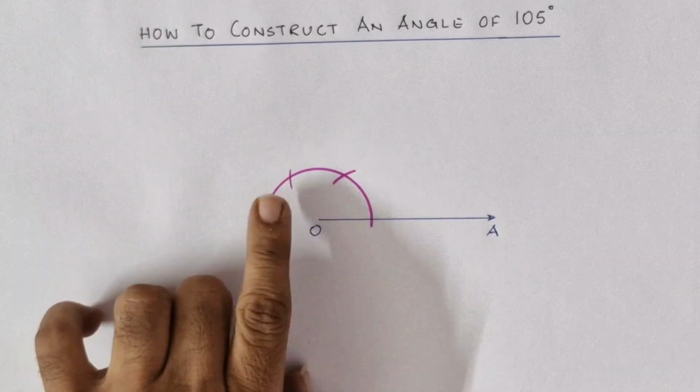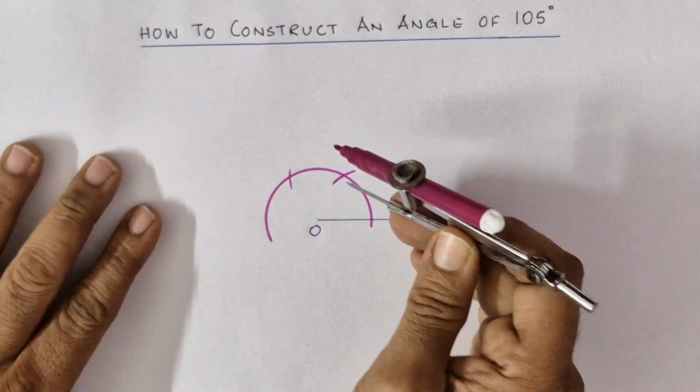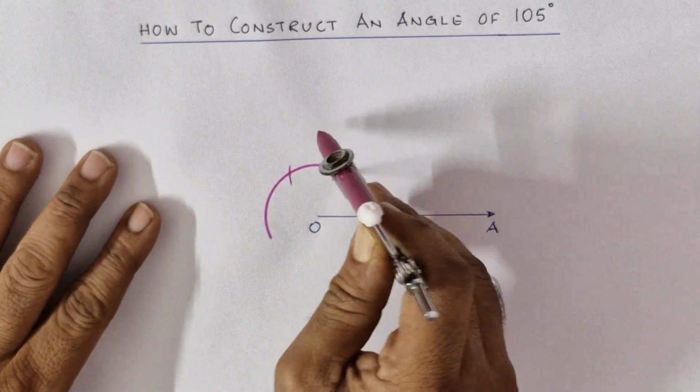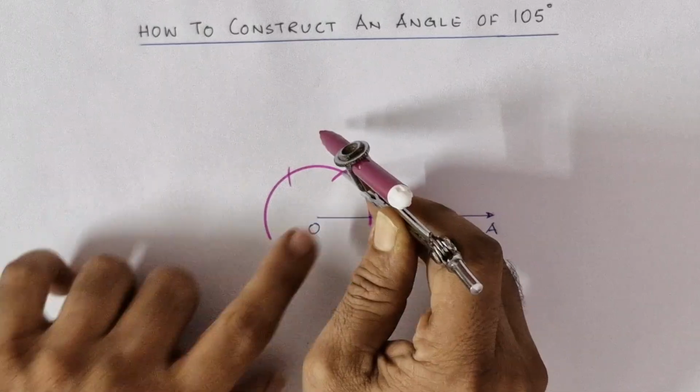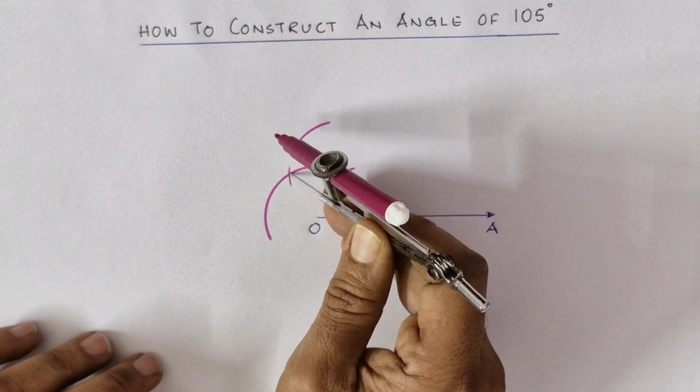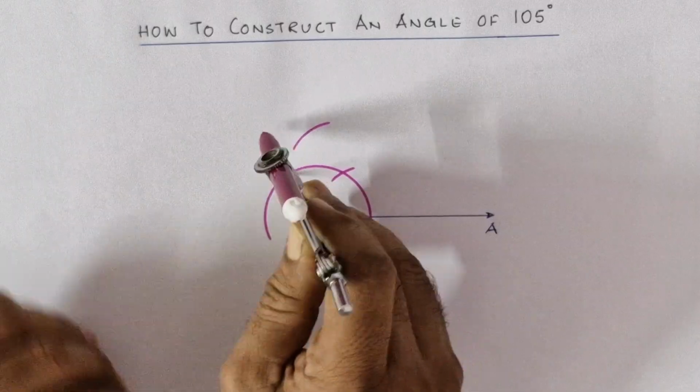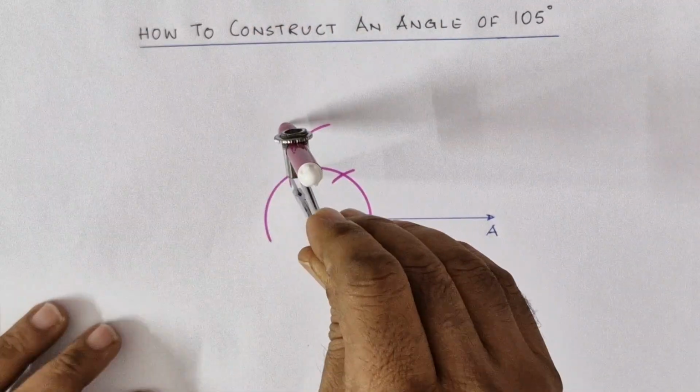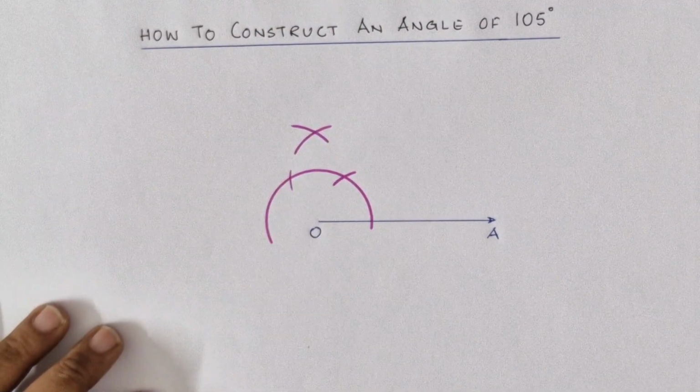So we have two intersection points in the main arc. Point the needle again to the first intersection point and draw an arc, and from the second intersection point, carefully draw another arc intersecting the arc that we have just drawn.